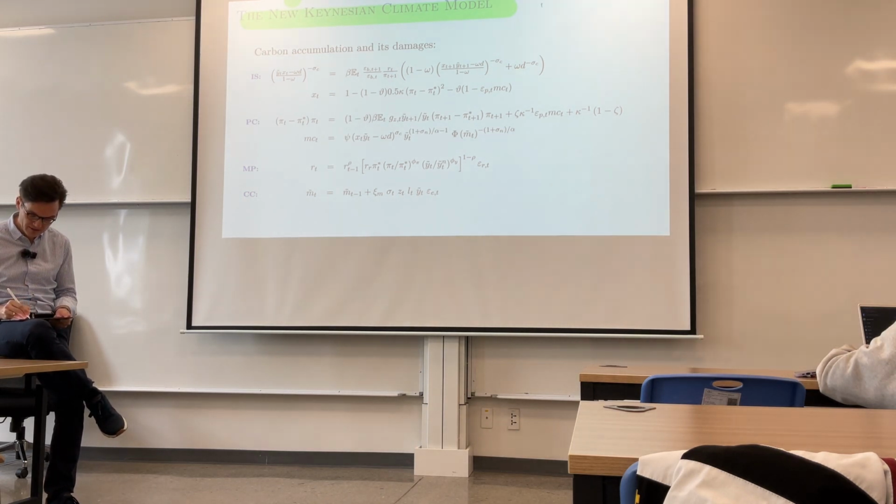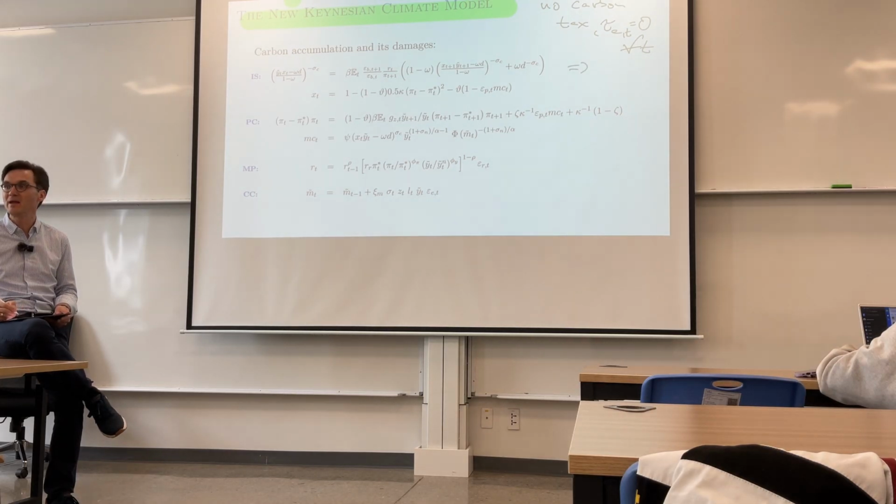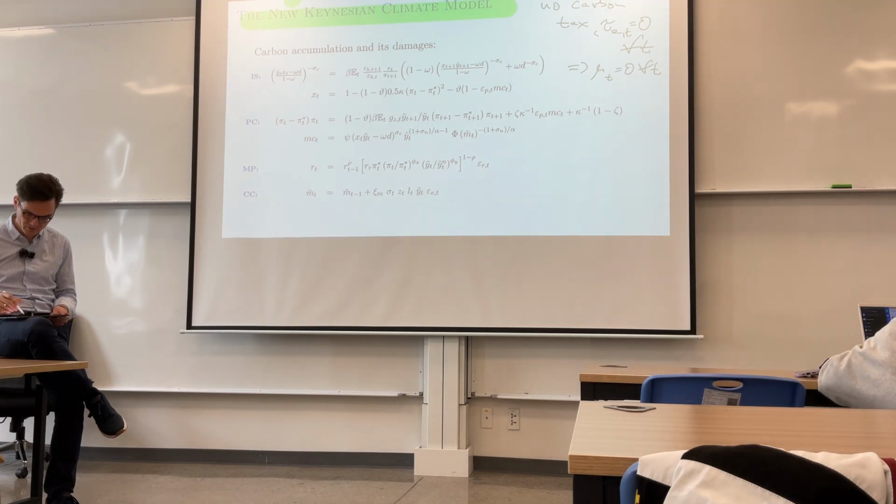There is no carbon tax: tau E comma T is equal to 0 for all T's, right? And what does that imply for the abatement? The abatement is going to be 0 all the time. So that also means mu T is equal to 0 for all periods in time. Very important to keep in mind here.